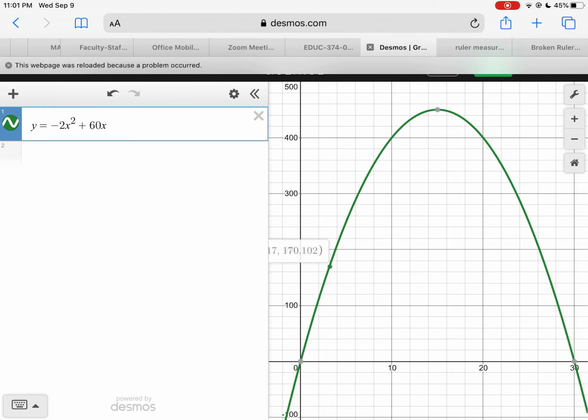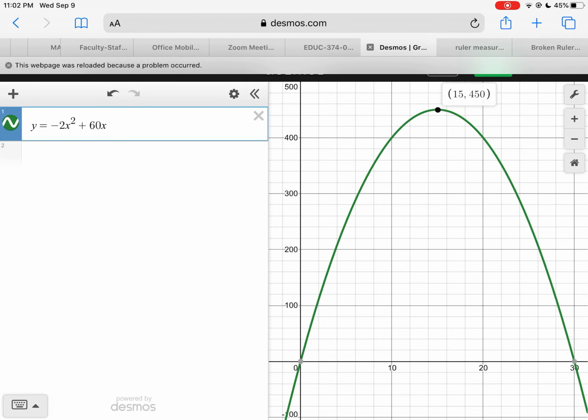If I hold my finger there, what this tells me is if my width is 6.35 feet, my area will be 300. If the width is 10 feet, the area will be about 400. All the way up here, you see the maximum area is when the width is 15 feet.